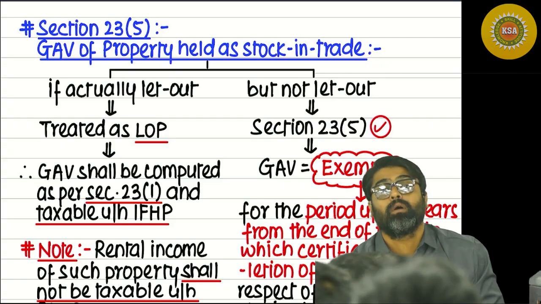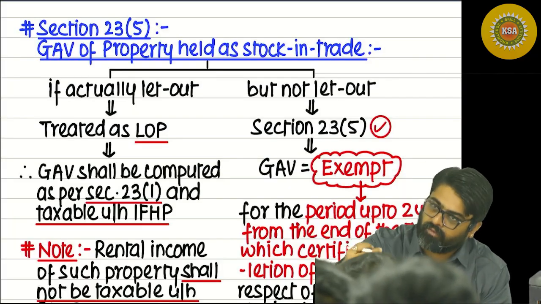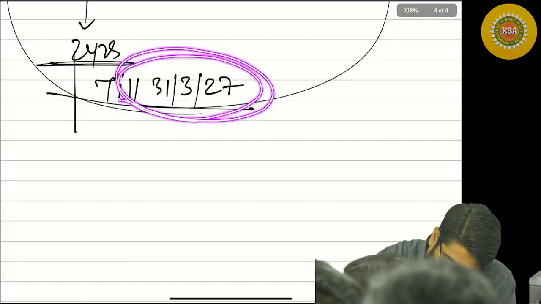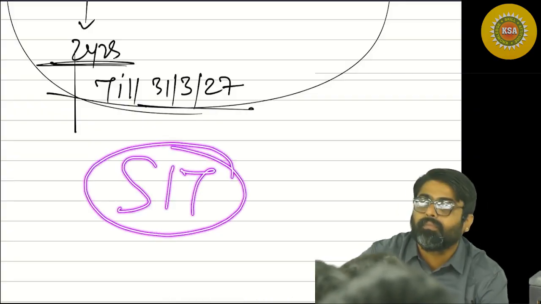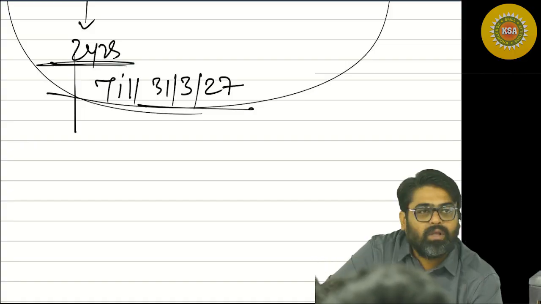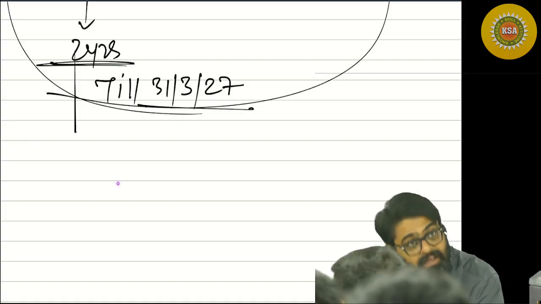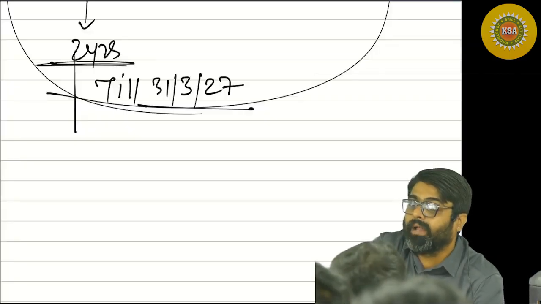Within this time, definitely if the property is stock in trade, it will be sold. But what if after 31st March 2027, the property is still there in your stock in trade? Possible, not possible? Will you get any exemption now? Now the annual value will be taxable as if the property is deemed to be let out.